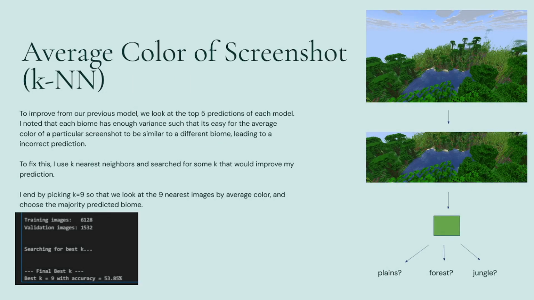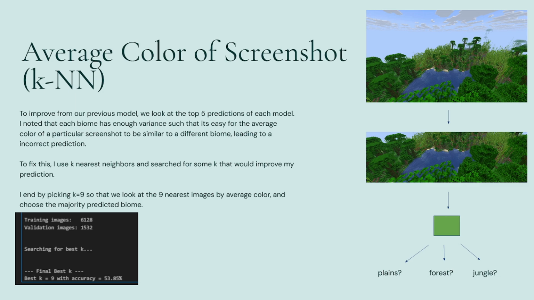For the average color model, we'll look at the K nearest neighbors, and to motivate this, I looked at the top 5 predictions of the screenshots that were incorrectly predicted, and I noticed that even though the top prediction wasn't correct, the true correct prediction was indeed in the top 5. So I could now look at the K nearest neighbors to the screenshot, find the closest images, and predict the majority biome.